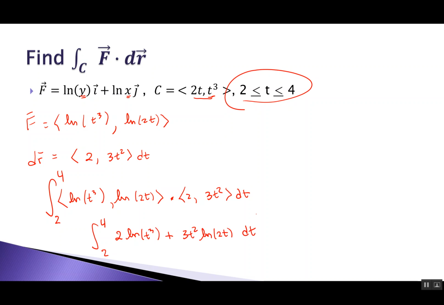Now, do you know how to integrate this? There are some techniques to integrate this. It's kind of nasty.